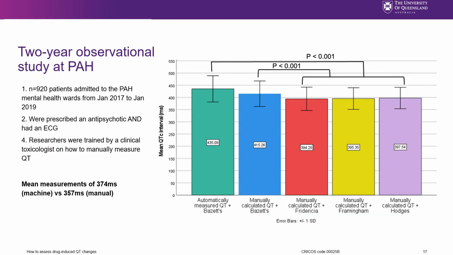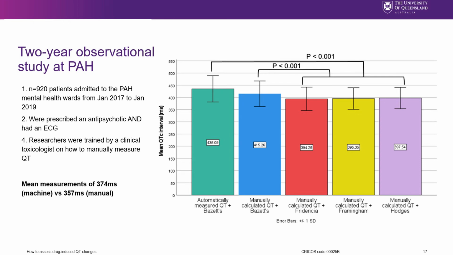When we compare the machine's automatically measured QT interval values with our validated manual measurement methods that we learned earlier, the difference works out to be about 20 milliseconds. That means, on average, the machines overestimate the length of the QT interval by around 20 milliseconds.